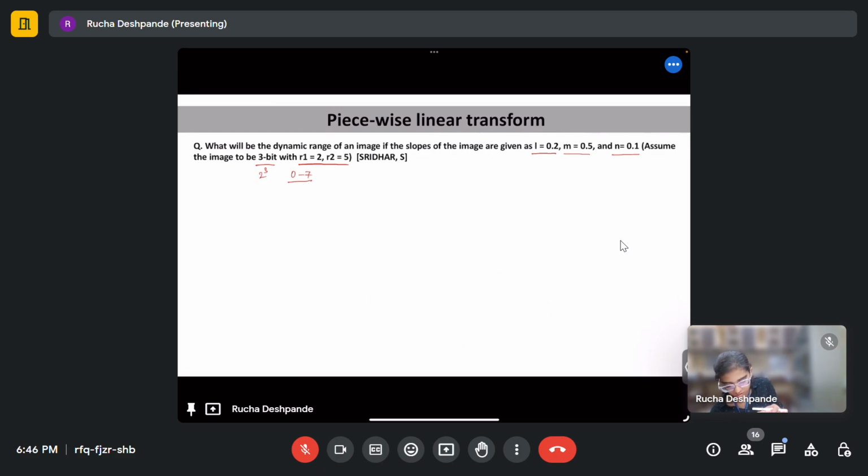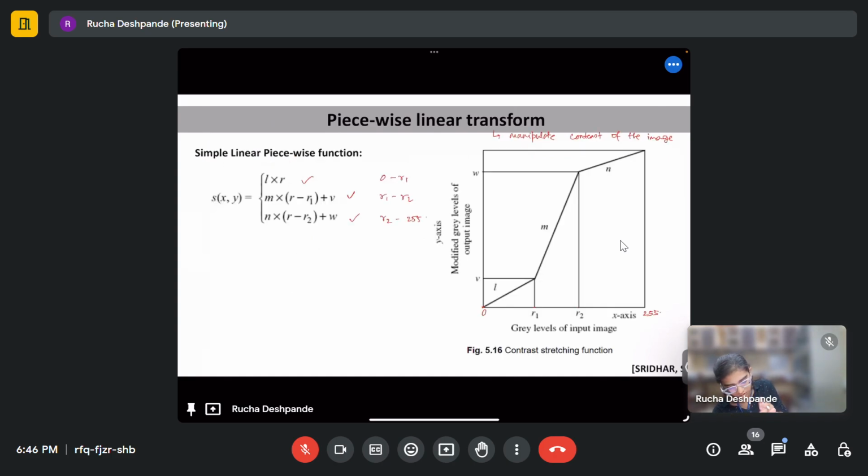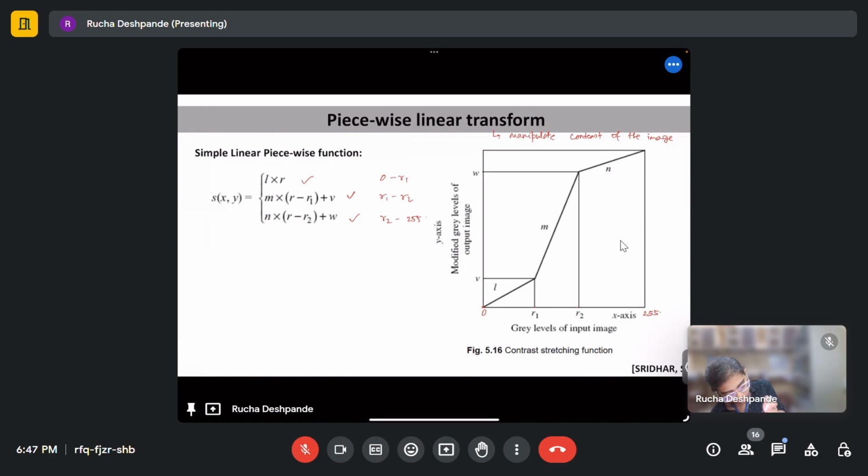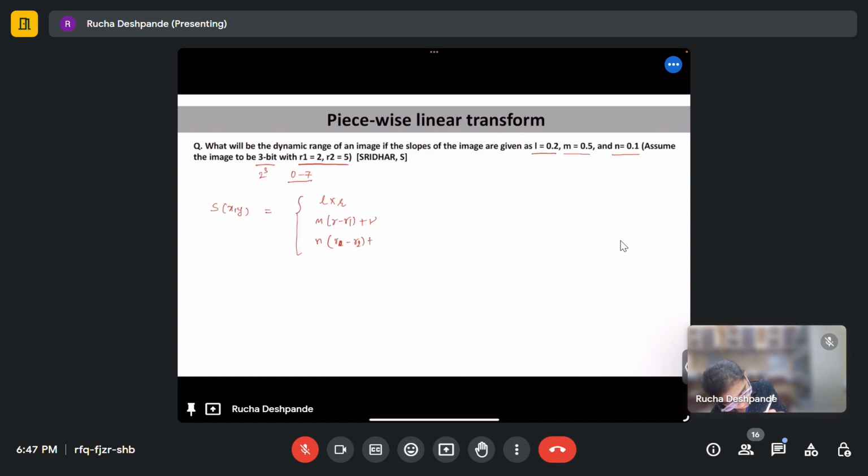So okay, maybe you can try to solve these equations.